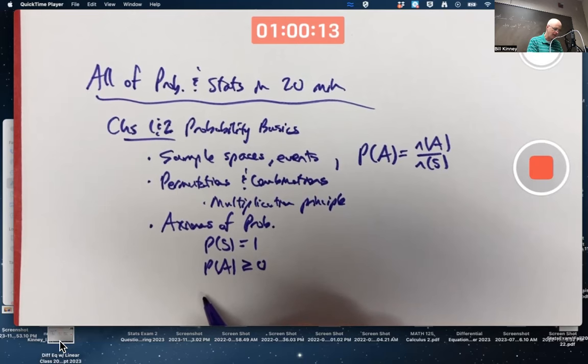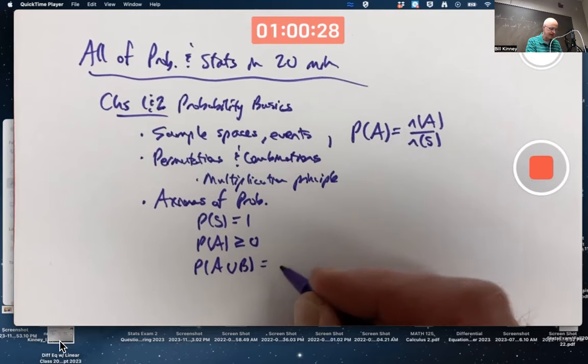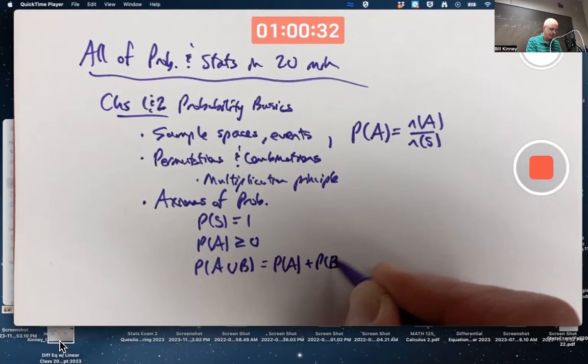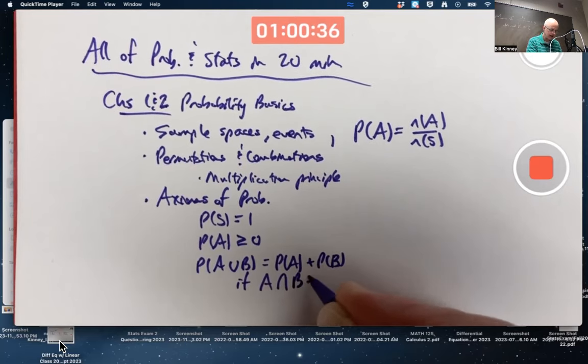And then the most important one, you might say, is the addition rule for mutually exclusive events, which I'll just write in the case of 2 events, just to keep things simple here. If A and B are mutually exclusive, meaning their intersection is the empty set, then the probability of A or B is the sum of their probabilities. This is if A intersect B is the empty set.